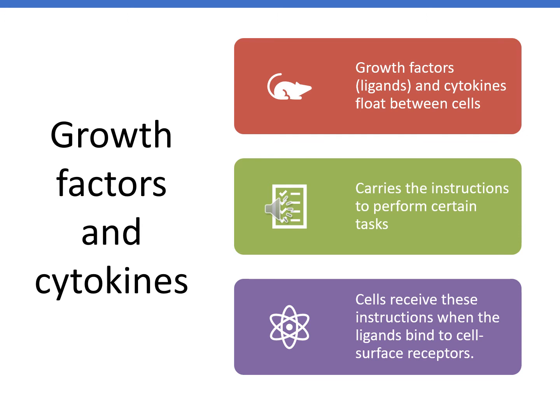So they're carrying information maybe to say, right, we need some new cells here to form this tissue because of this injury, etc. In this instance, once the cells receive those instructions, the ligands or the growth factors bind to our cell. So they bind to the surface of our cell and they have little receptors there basically that allow the signals to flow through with the instructions.